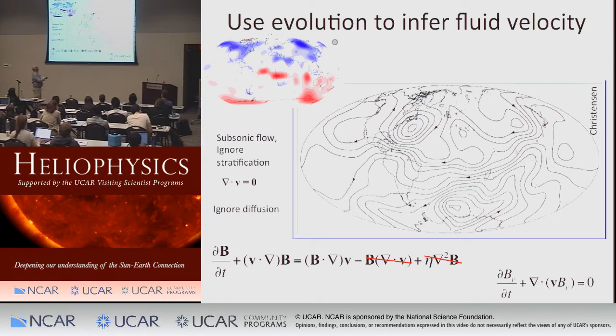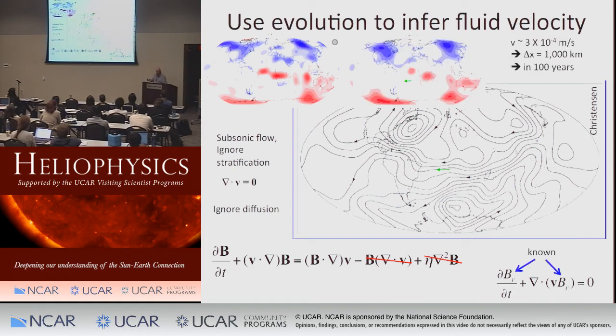It's mostly going sort of east to west, flowing up along the Caribbean here, big vortex over the northern hemisphere. It's all pretty slow. I think you look at these numbers, basically it's going to go about 1,000 kilometers in a century.